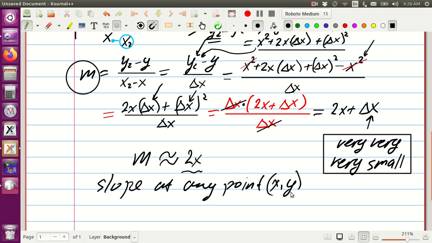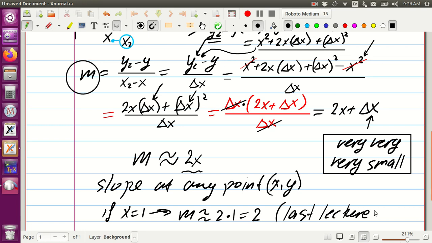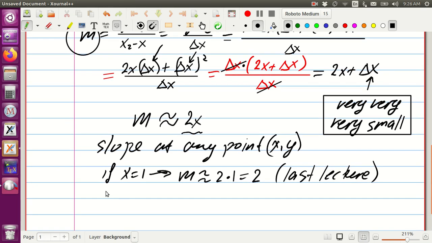You give me x equals 1. If x is equal to 1, then the slope is very, very close to 2 times 1, which is 2, like last time, last lecture. If x is equal to 3, you get that m is pretty close to 2 times 3, which is 6.